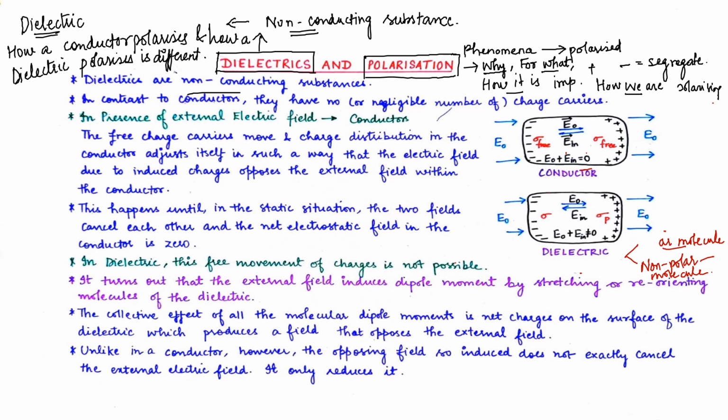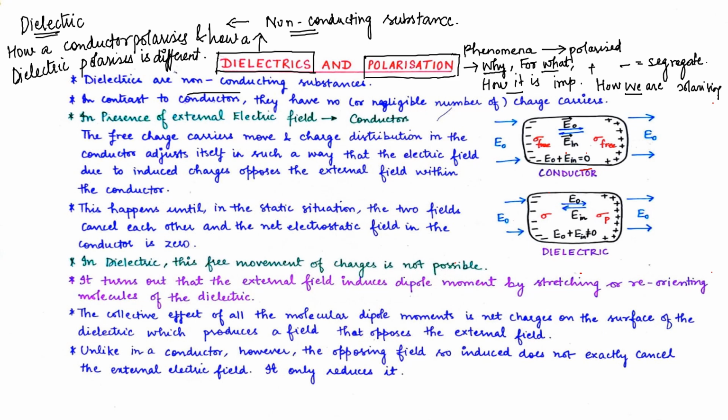So this is the difference between a conductor and a dielectric. And this one property of dielectrics, that not all the electric field is being eradicated, will help us in using them efficiently in combination with our capacitors.